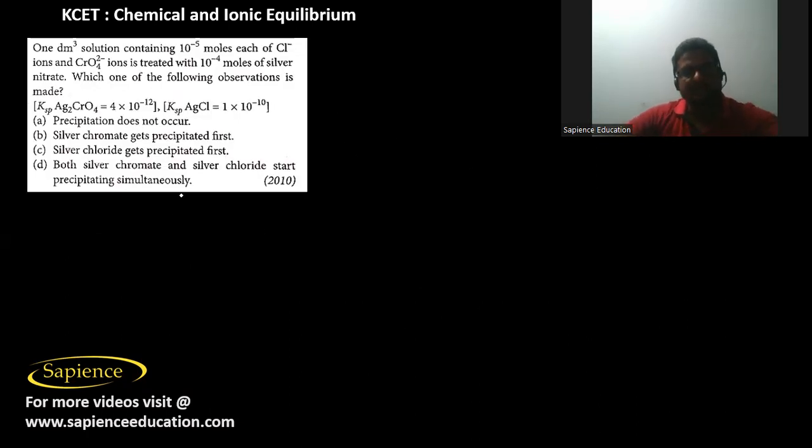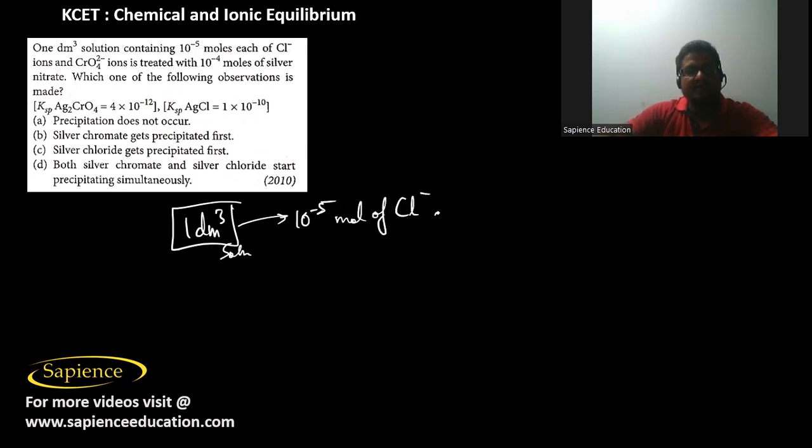Then here it is told that a 1 decimeter cube solution contains 10 power minus 5 moles each of chloride ions and chromate, CrO4 2 minus ions.